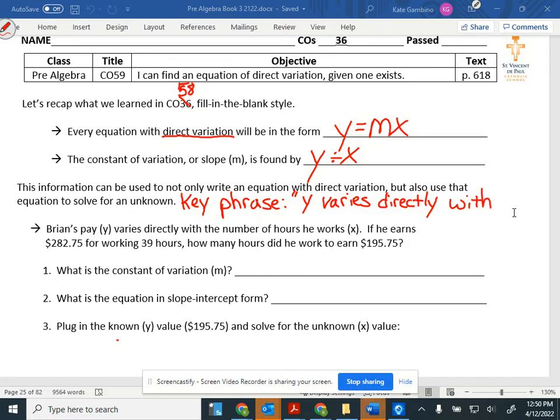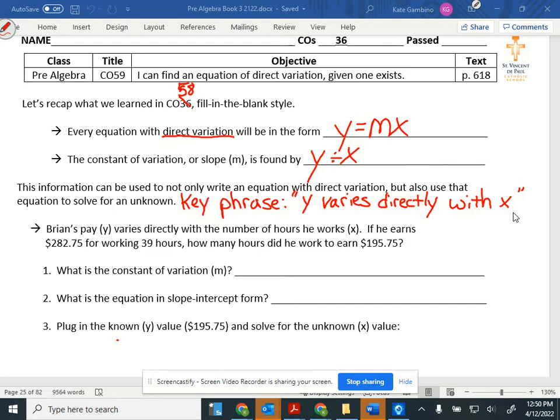So here is our key phrase. They use this on the math test that's coming up in just a couple short weeks. You will see this, and I want you to know how to solve a problem that uses this phrase. Y varies directly with x.